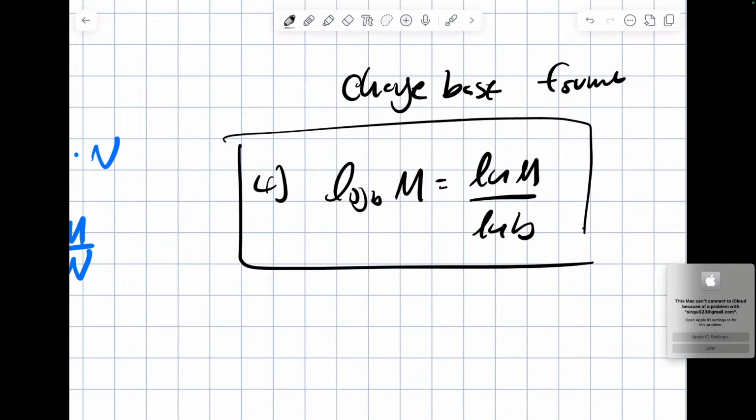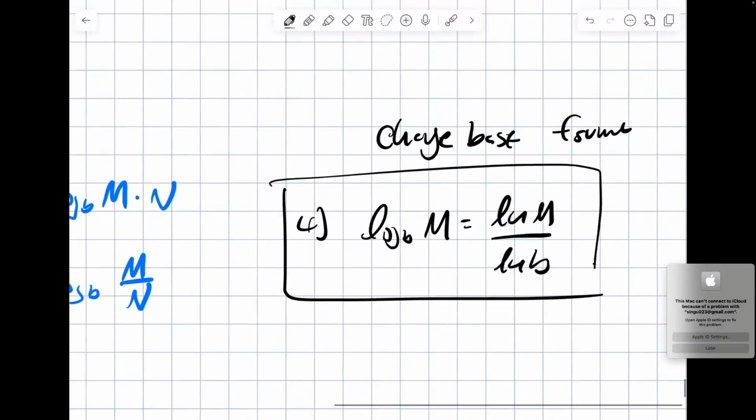Log base b of m is equal to natural log of m over natural log of b. Those are changing base formulas. This is useful for competition problems, and you're going to need that for a lot of different types of competition problems. So it's log base b of m is equal to natural log of m over natural log of b.